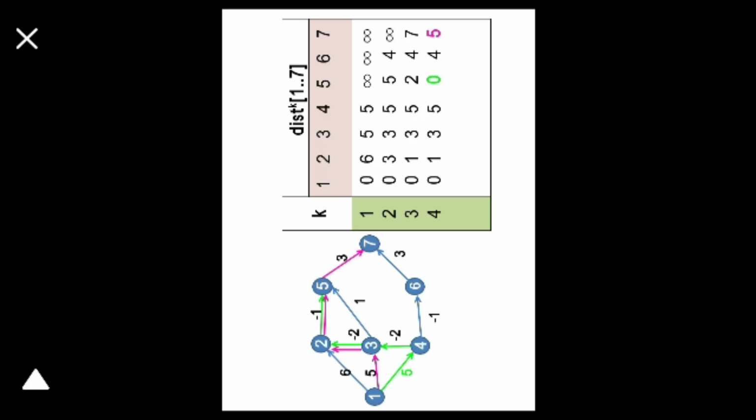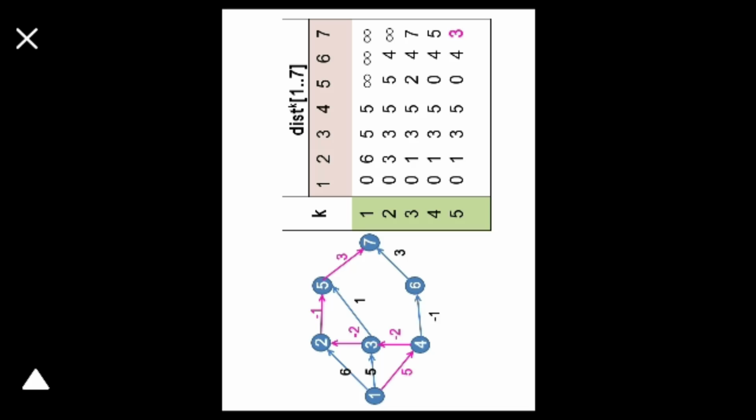So what is the next step? Now we need to find the shortest distance from the source vertex to all other vertices with 5 edges. Now in the fifth row we can see all values are the same as the fourth row, 0 1 3 5 0 4, but in the last column, that is the shortest distance from source to vertex 7 with 5 edges.